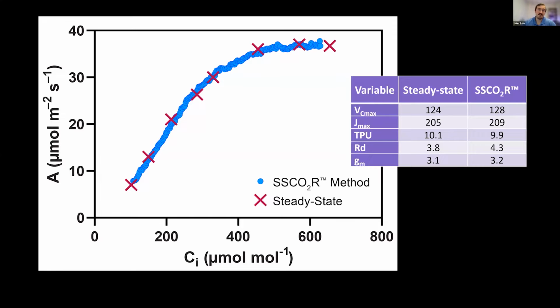And from this type of data, you can also extract many different variables that are important to understand in the context of looking at assimilation and photosynthesis of plants.